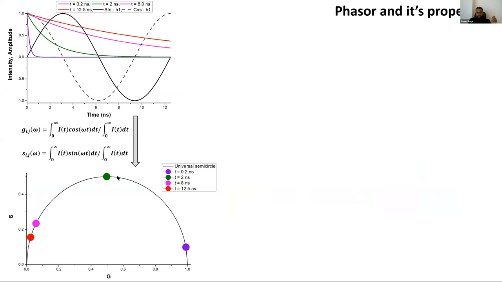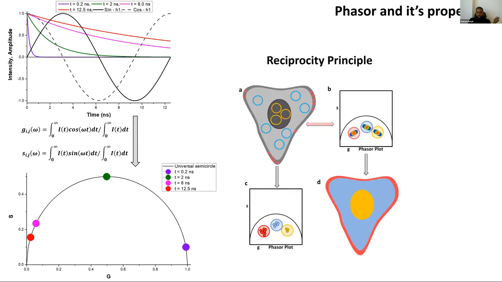If they're mono-exponential, they will always appear along this universal semicircle. And if they're multi-exponential, a sum of exponentials, they would appear inside. So that's just a quick calculation to show where they appear based on those lifetimes.